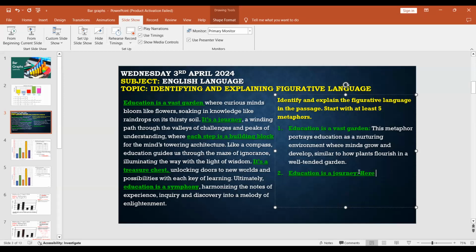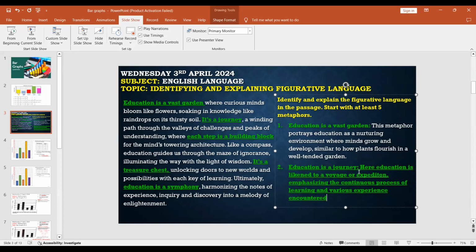We can say here, education is likened to a voyage or expedition, an expedition is just another word for journey, emphasizing the continuous process of learning and the various experiences encountered along the way.